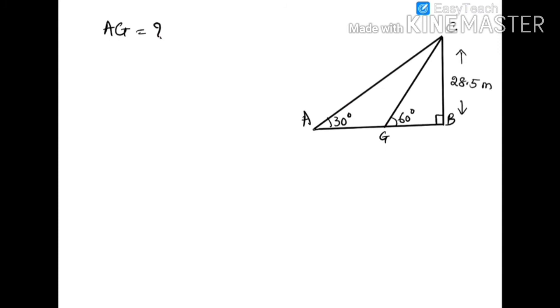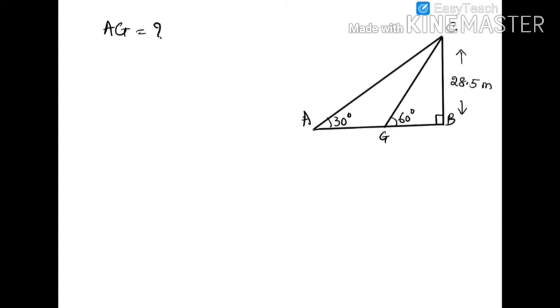Observe in the figure that we have two right triangles, triangle CGB and the other triangle is CAB. Remember, triangle ACG is not a right angled triangle.